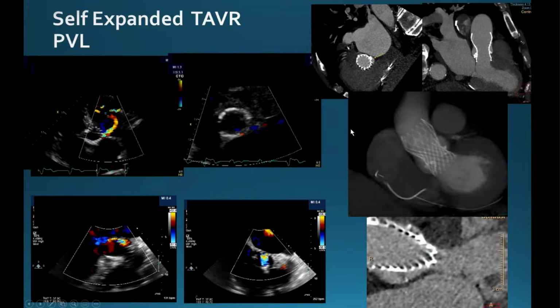This is a case of a patient with a very eccentric paravalvular leak. CT gives you some more idea of what could have caused this, most likely incomplete expansion and decreased apposition due to the presence of a very large calcific deposit.